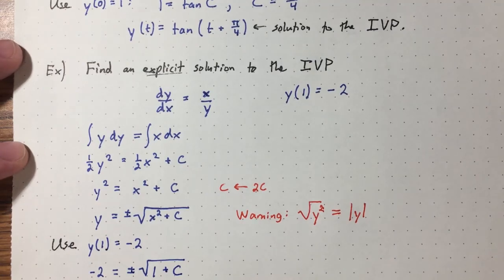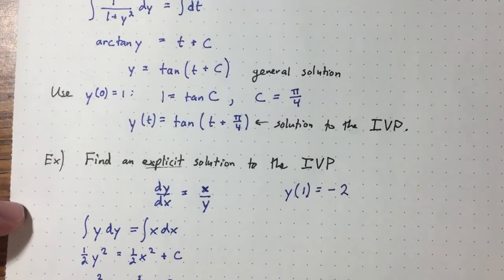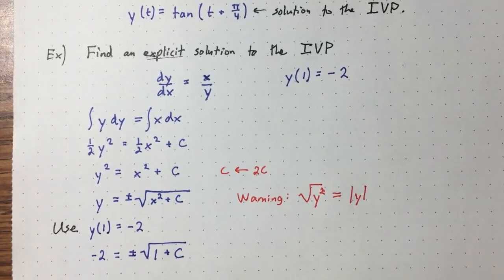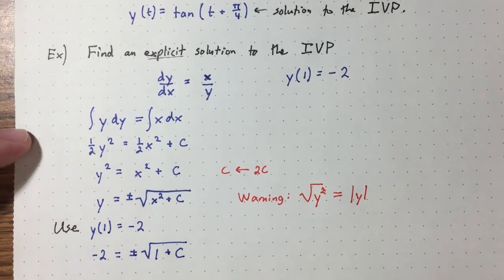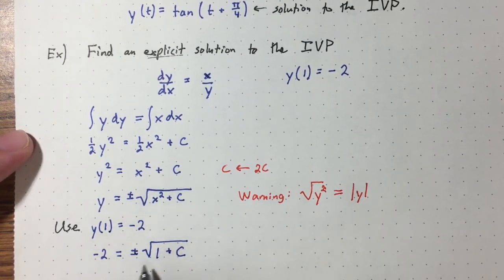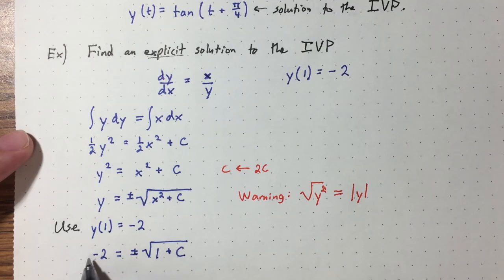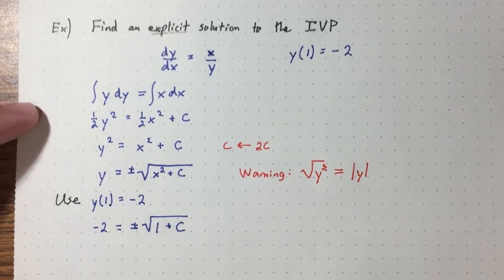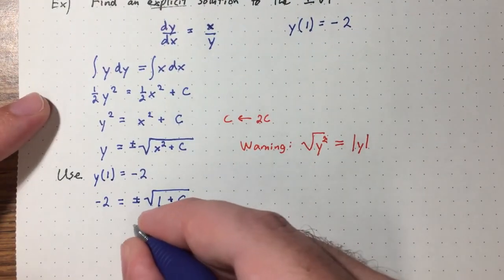So we're trying to figure out what c is, right? Because the c is actually what's giving us our infinitely many solutions. We want to sort of pin that down to one value. Okay, well, we have a square root with either a plus or minus equaling -2. So this thing inside the square root has to be 4, right? So it tells us that c equals 3.